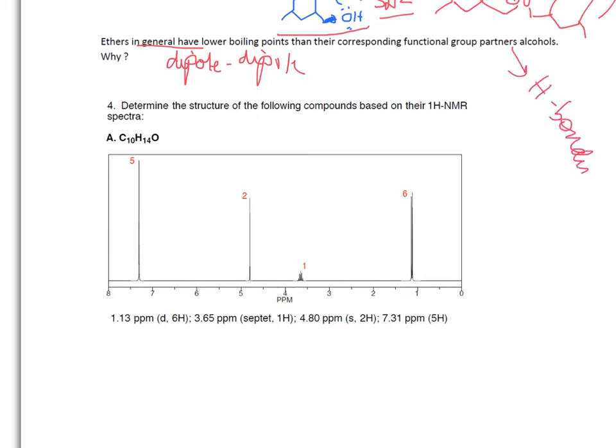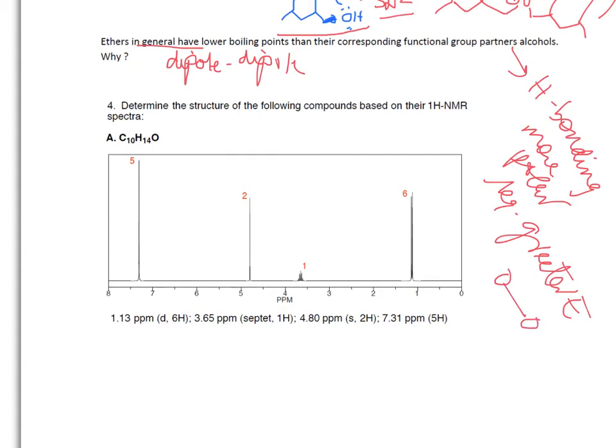So that's why they're more polar, and require a greater amount of energy to break the forces of interaction between two alcohol units. And that's the reason you would see higher boiling points in alcohols as compared to ethers.